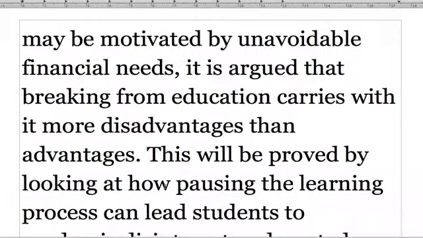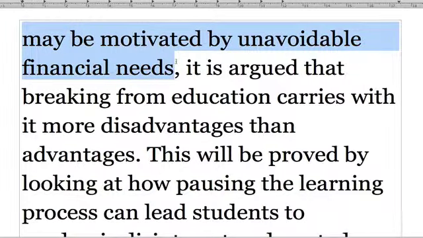Although this decision may be motivated by unavoidable financial needs, it is argued that breaking from education carries with it more disadvantages than advantages. So the first part of the sentence offers a little bit of concession because there may be certain situations where students need to take a break because they don't have the funds to go to university.